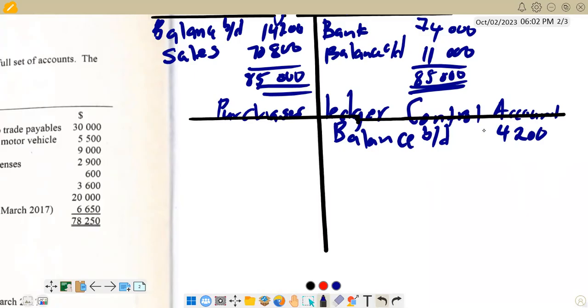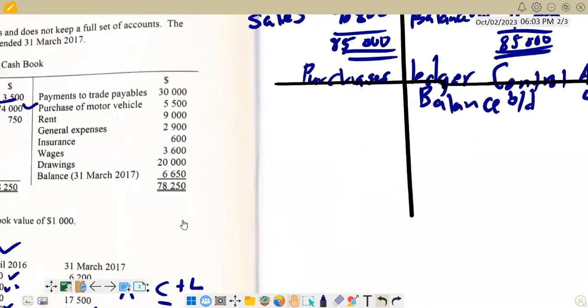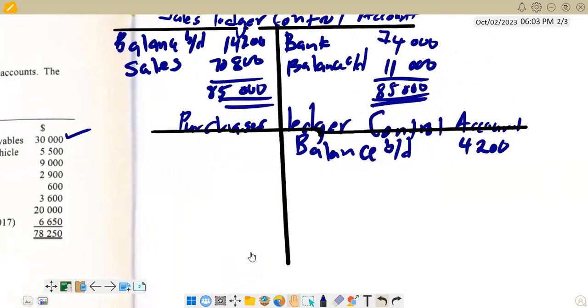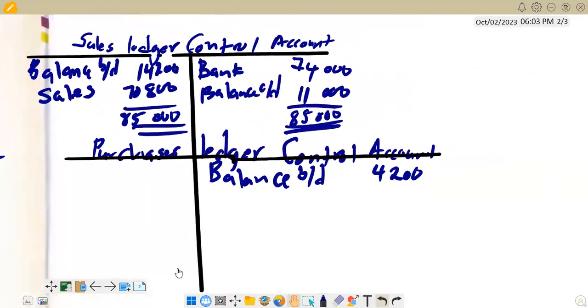Then we check the amount that was paid in the cash book, paid to creditors. The cash book is there, and it's on the credit side. So here, payments to trade payables, 30,000. So 30,000 was paid, and we are going to input that. When we make payments to accounts payable, we credit bank and debit the creditors account.